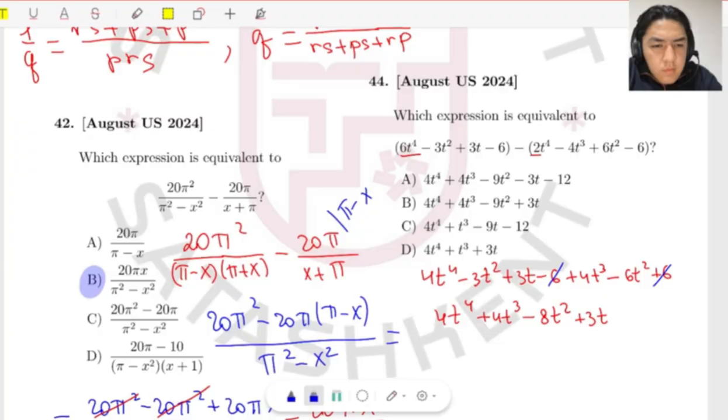Actually, it's not going to be 8, but it's going to be 9, because 3t squared and 6t squared. And yes, I have this in B.